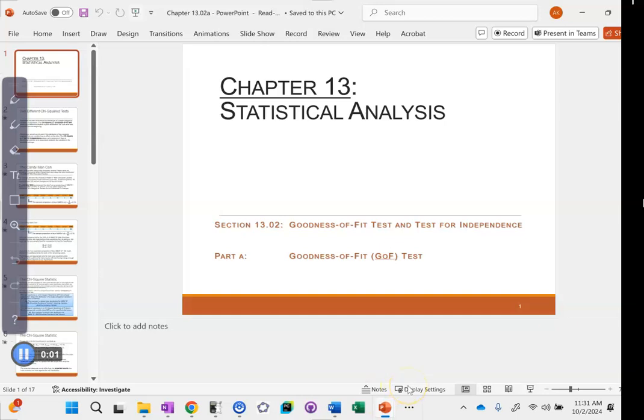Two little tips, common mistakes I see students make: the expected counts need to be actual counts. They can't be probabilities.